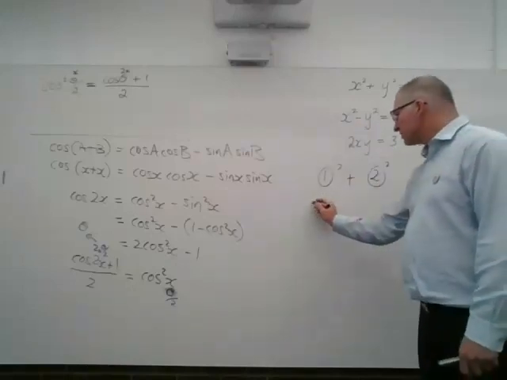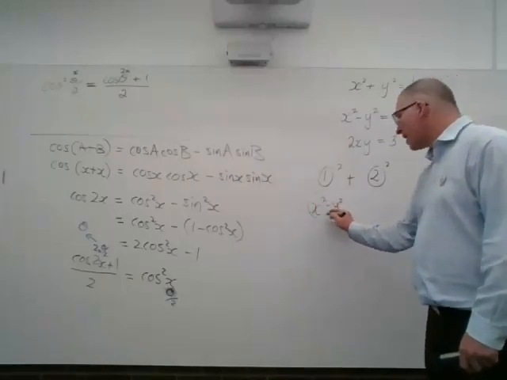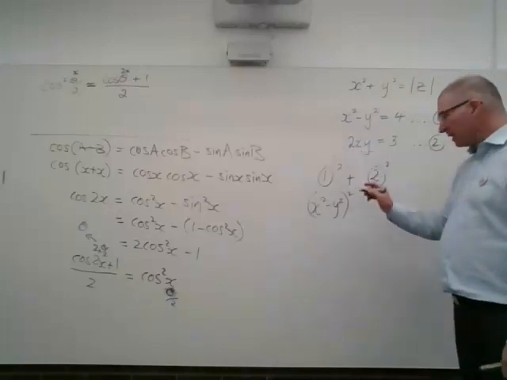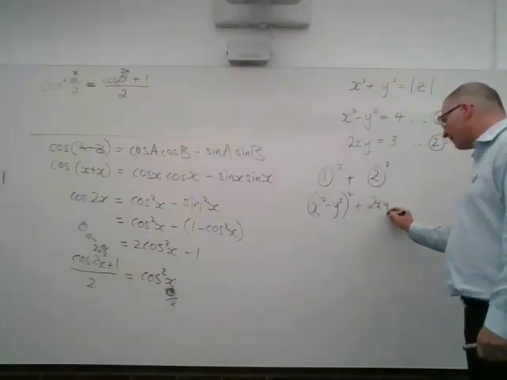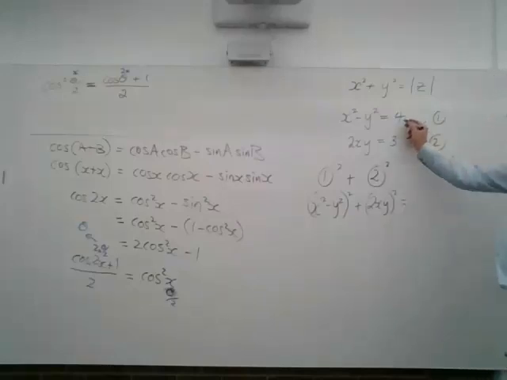So I'll square this, (x squared minus y squared) squared, plus square this, (2xy) squared, is equal to 4 squared and 3 squared.